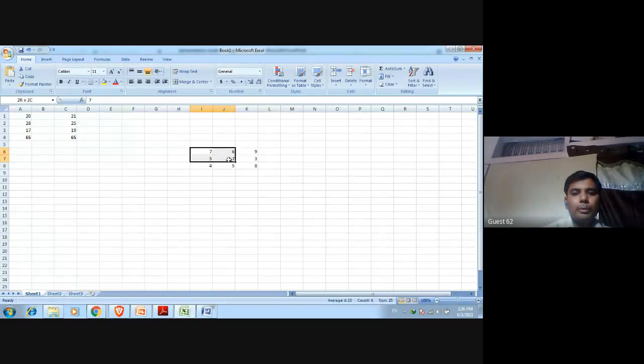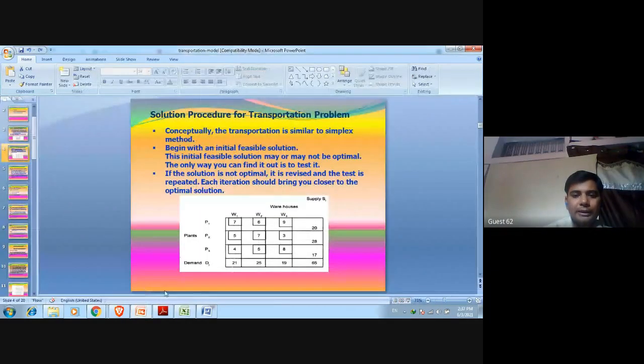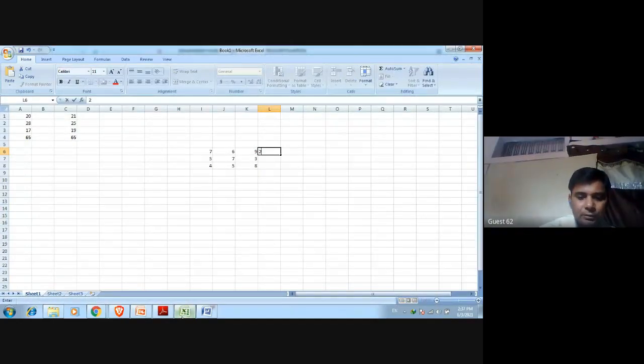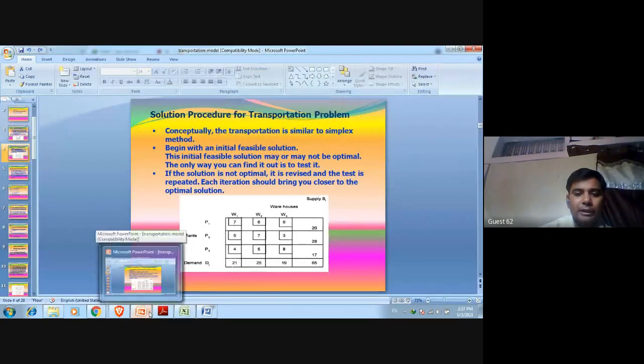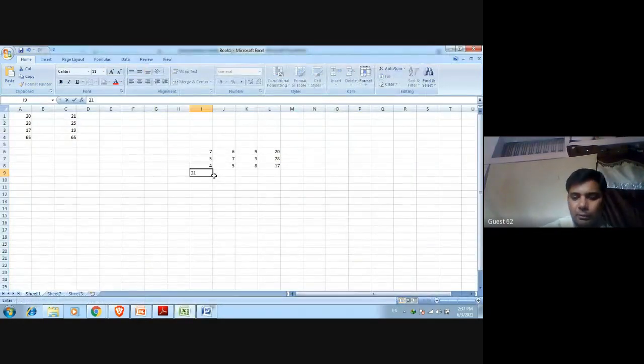This is your per unit cost, and capacity of the plant is 20, 28 and 17. And what is the requirement of warehouses? It is 21, 25 and 19.